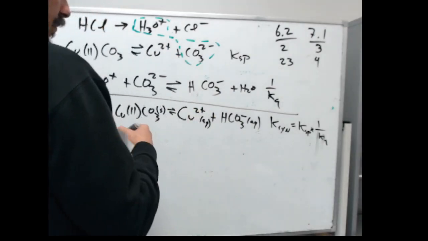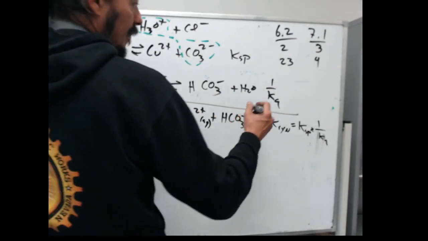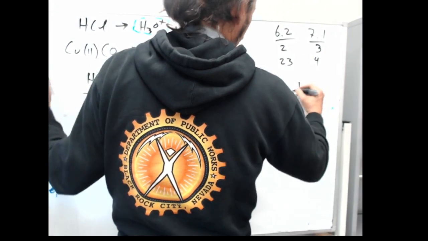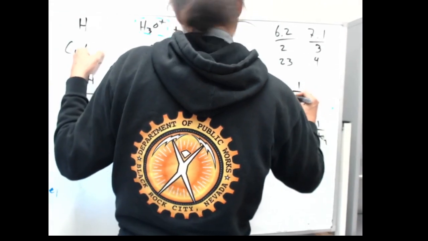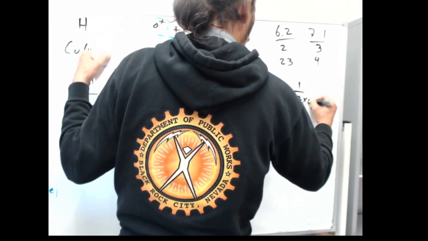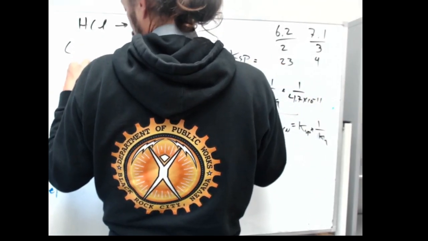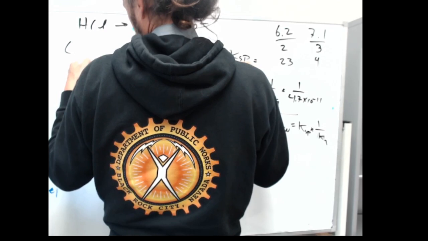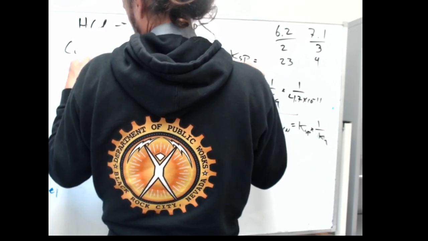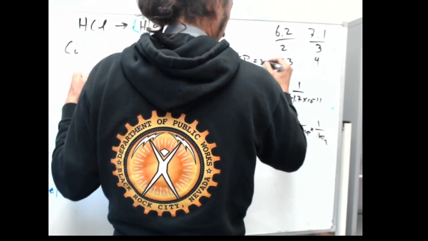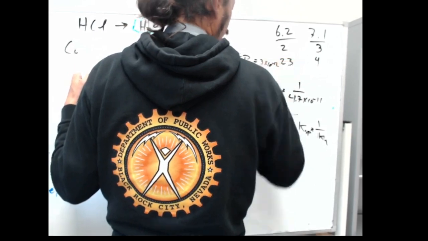So my 1 over Ka value is equal to 1 over 4.7 times 10 to the minus 11, and my Ksp value is 3 times 10 to the minus 12.